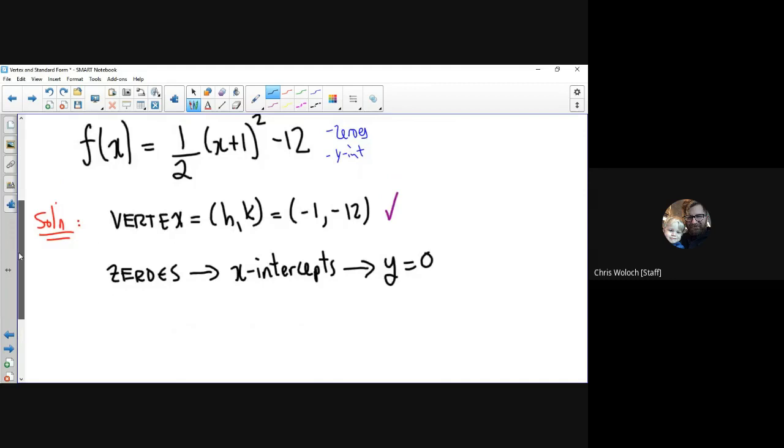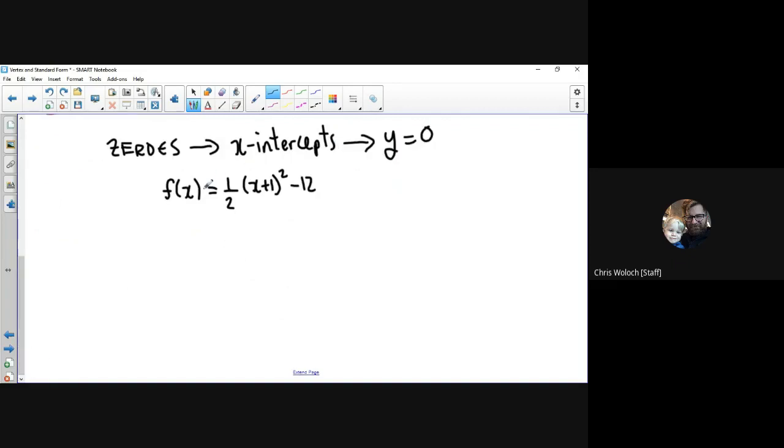I have f(x) equals 1/2 (x plus 1) squared minus 12. Remember, if the y value equals 0, that's the same as f(x) equals 0, because y and f(x) are the same thing. So I make this equal to 0.